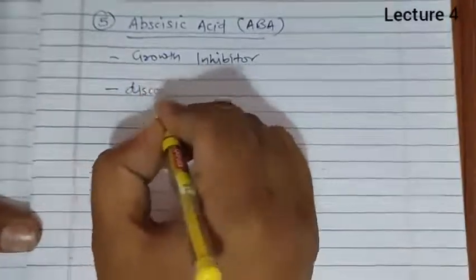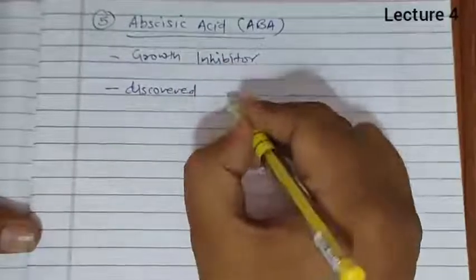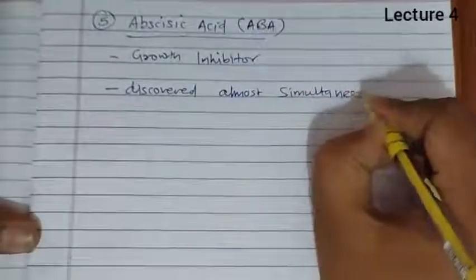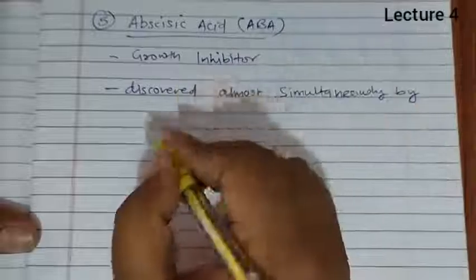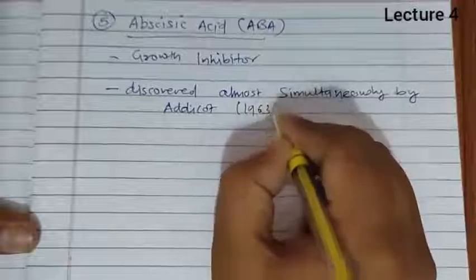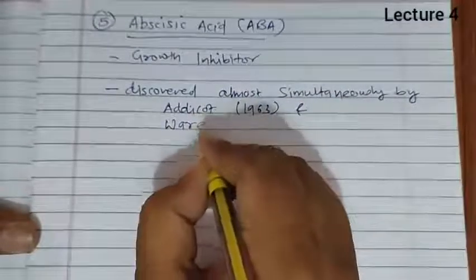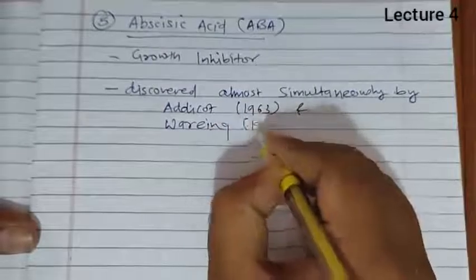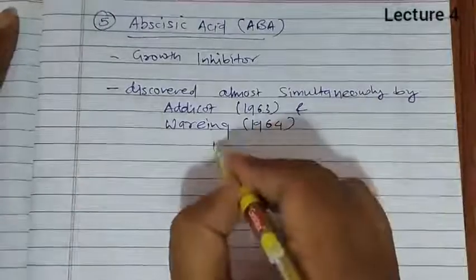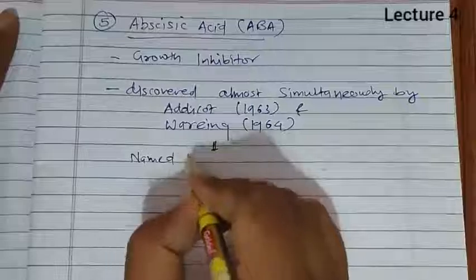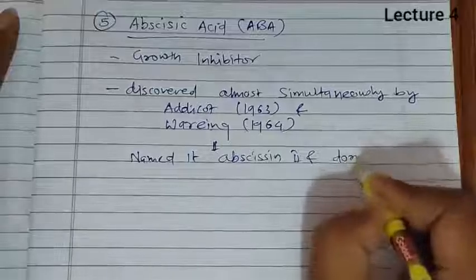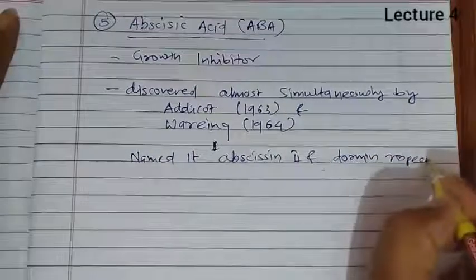Discovered almost simultaneously by Addicott in 1963 and Waring in 1964, but they named it abscisin II and dormin respectively.